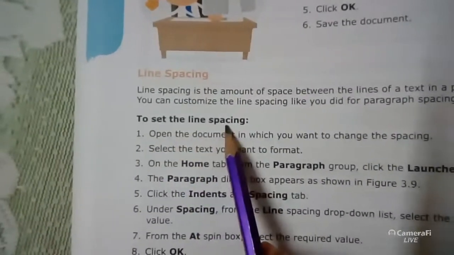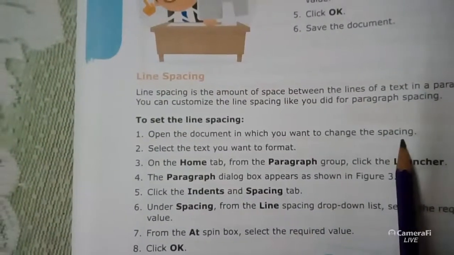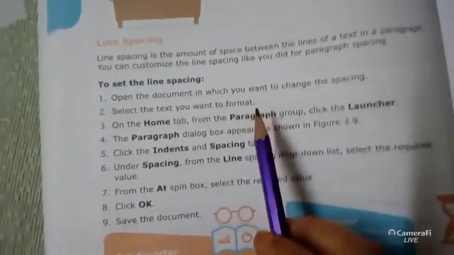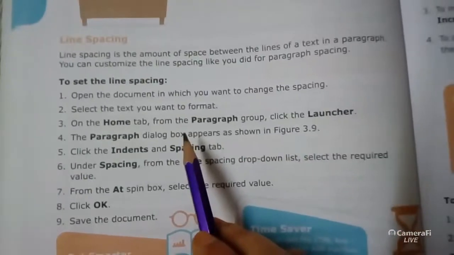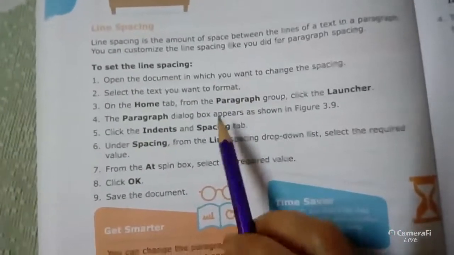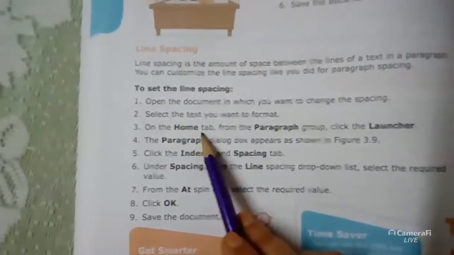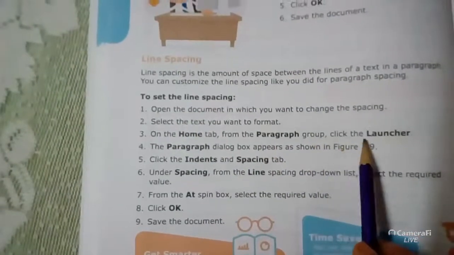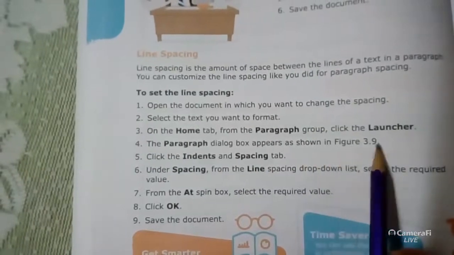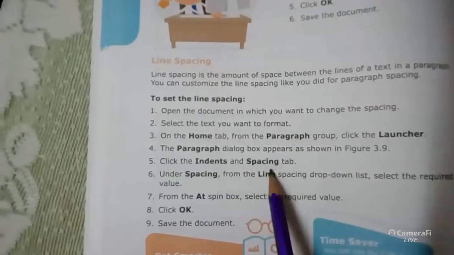To set the line spacing, how will you set it? Open the document in which you want to change the spacing. Select the text you want to format. Suppose you have typed a whole page, then you have to select the whole document, and then on the Home tab, from the Paragraph group, click the launcher. The Paragraph dialog box appears as you saw on the last page. Click the Indents and Spacing tab.